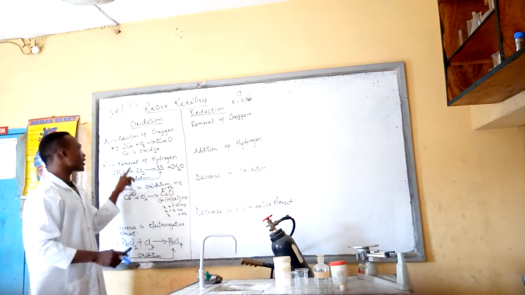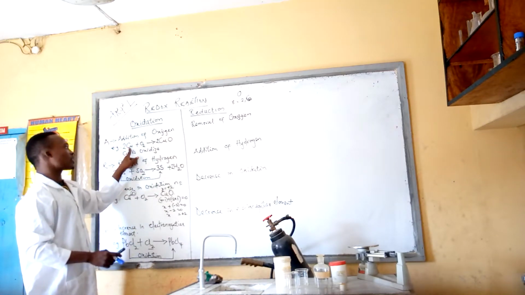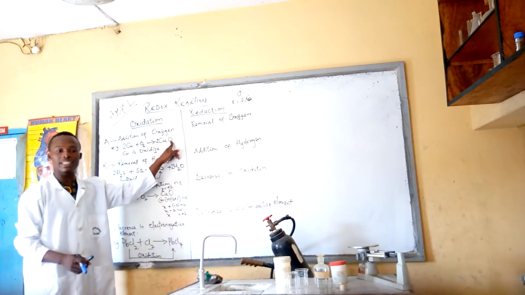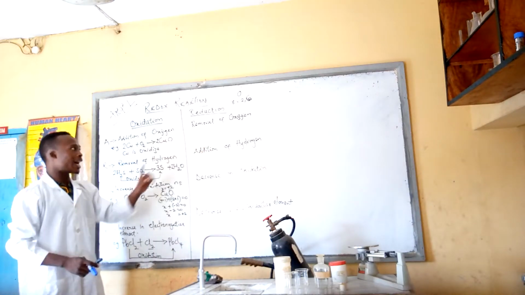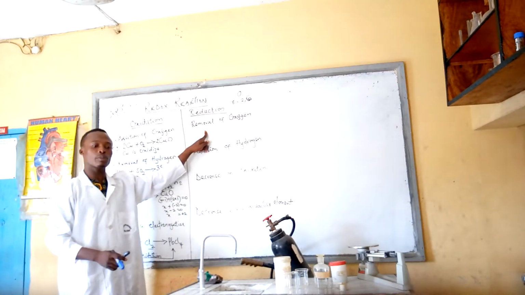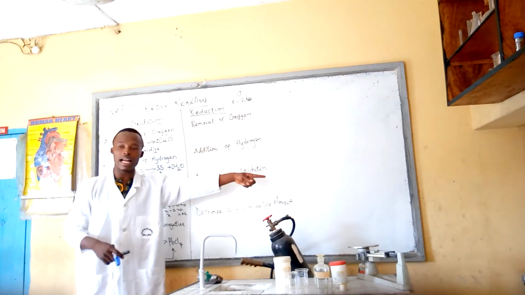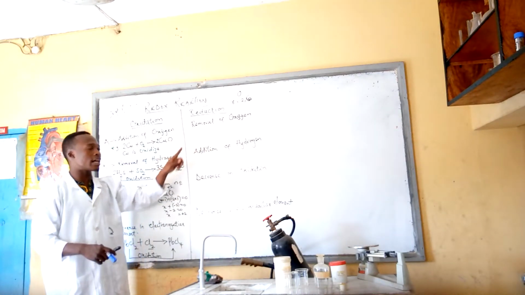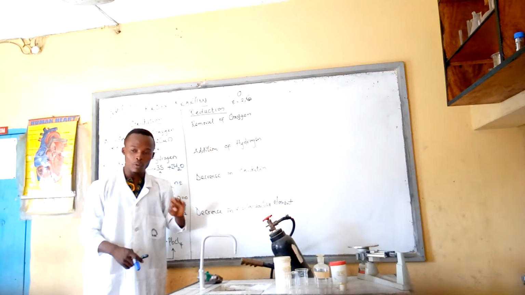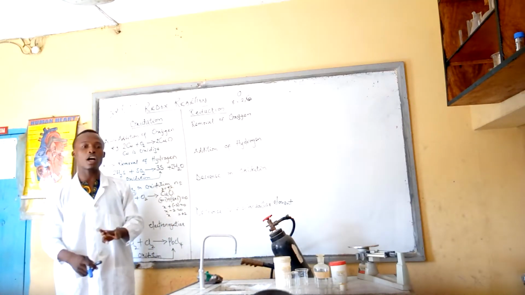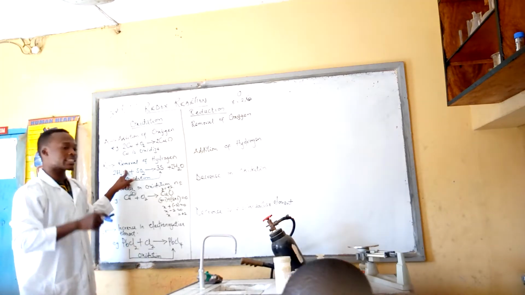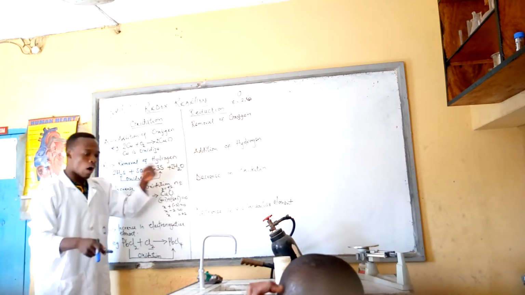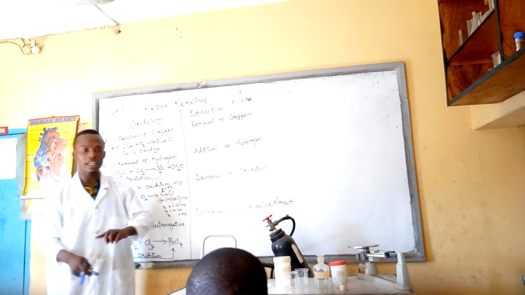Why is this a reducing agent? This copper will be oxidized in order to reduce a particular element. So it's a reducing agent. Why will this one be reduced? In order to oxidize other elements. So any element that undergoes reduction has been reduced and also is an oxidizing agent, while any element that undergoes oxidation has been oxidized and also is a reducing agent.